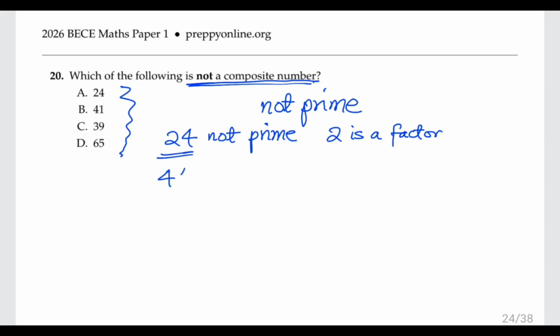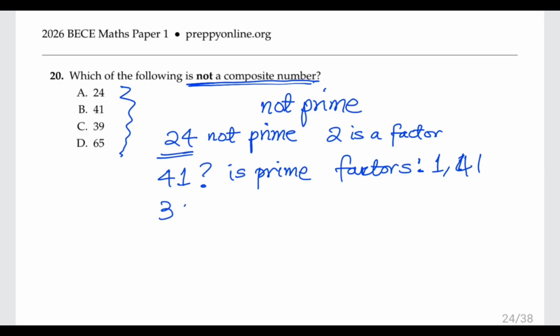41. Is 41 prime? Good question. Well, 41 is prime because the only factors are 1 and 41. Its factors are 1 and 41. But I want us to go through the other numbers. 39.